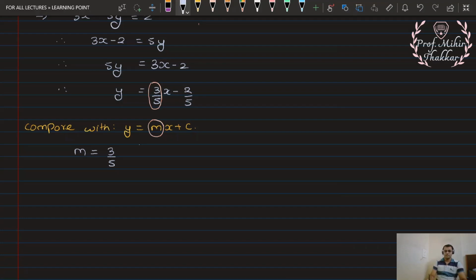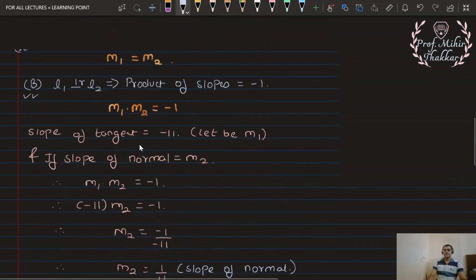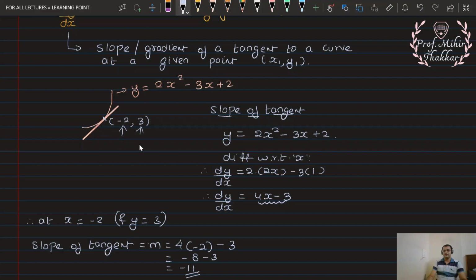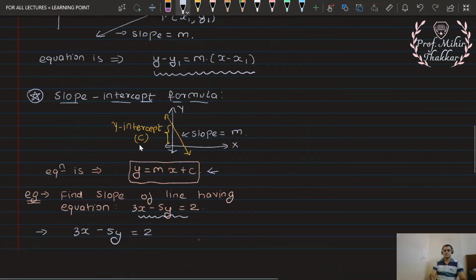Now the question comes, how do I find out the equation of the tangent and the equation of the normal? Let us go to our previous example. We had taken the equation of the curve as y is equal to 2x square minus 3x plus 2.